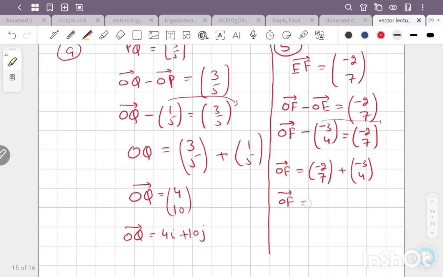For OF we get the answer: minus 2 minus 3 will be minus 5, and 7 and 4 will be 11. So we get the answer is minus 5i plus 11j.